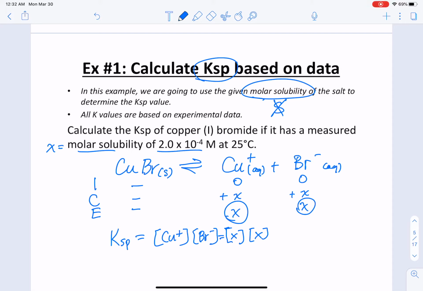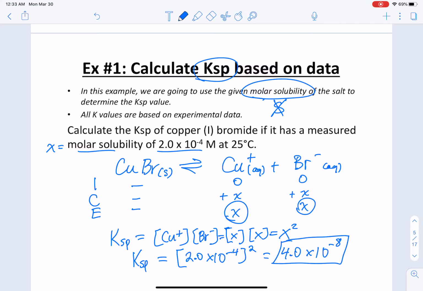So that is my X value. So obviously this is X squared. So KSP is equal to X squared. And so that value is 2 times 10 to the negative 4, and I will square that. And when you do that math, you will get 4 times 10 to the negative 8th. That is our value for KSP.